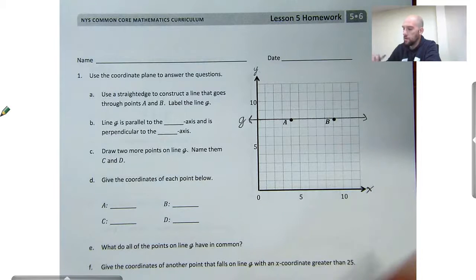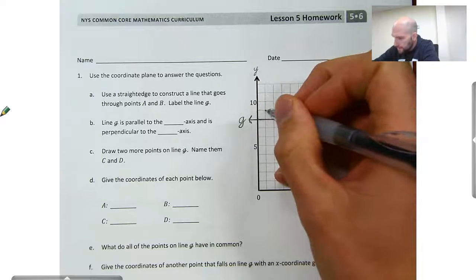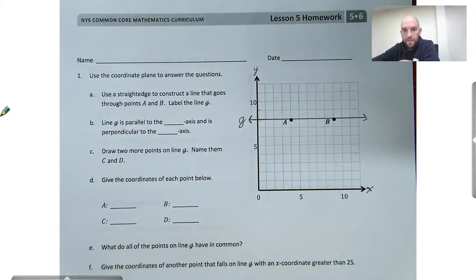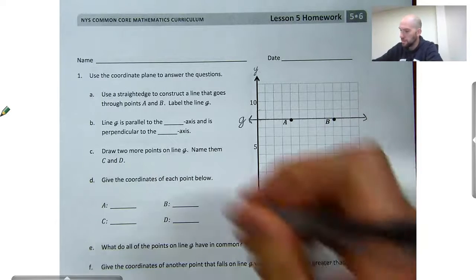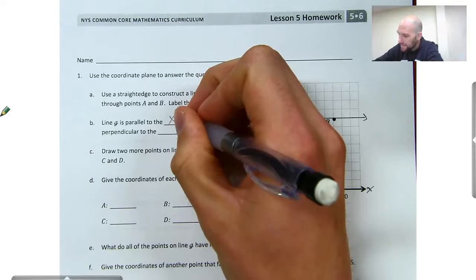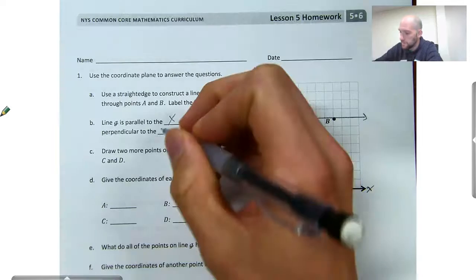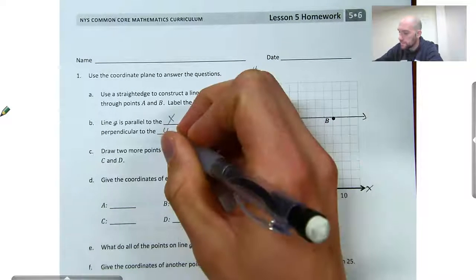Perpendicular is when the two lines cross and make a 90-degree angle. Parallel lines just run next to each other and will never touch. So it's parallel to the x-axis, and it is perpendicular to the y-axis.